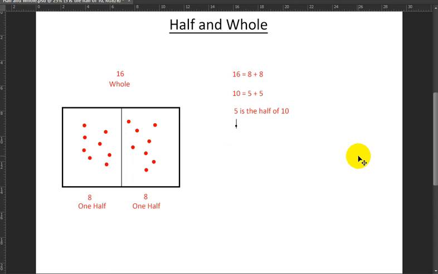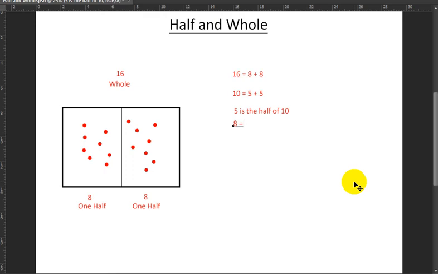Another example is the following. Let's say I want to find the half of the number 8. Now, what number do I add to itself and it gives me 8? We just said it, but again, if you don't remember, you can start again from the beginning. Is it 1? No, because 1 and 1 makes 2. Is it 2? No, 2 and 2 makes 4.